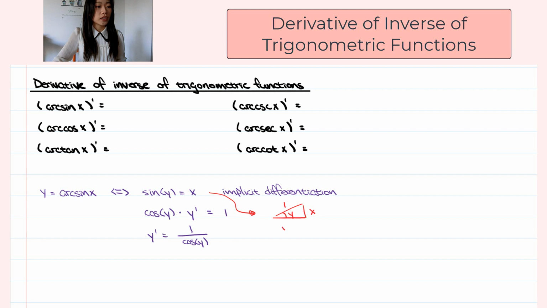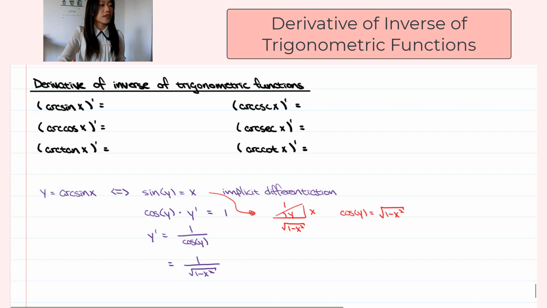The adjacent would be square root of 1 minus x squared. So cosine of y, it is adjacent divided by hypotenuse. That is square root of 1 minus x squared divided by 1. So 1 over cosine of y, back to here, it would be 1 over square root of 1 minus x squared.